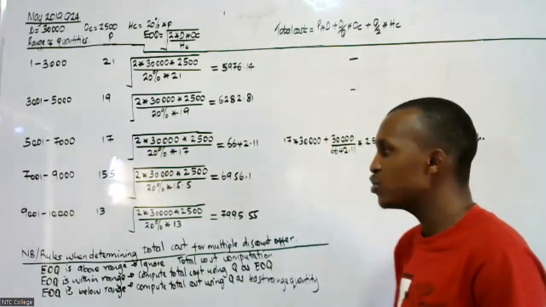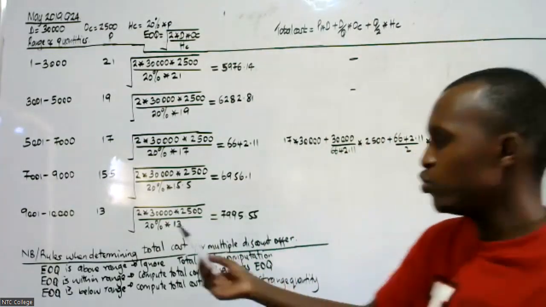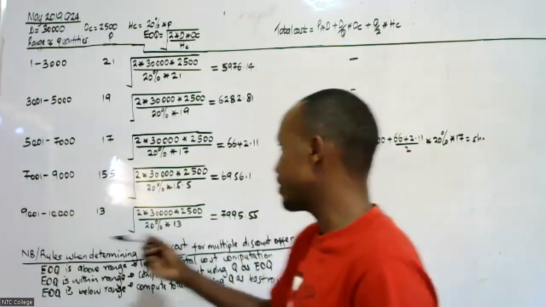So when you're calculating your total cost, you use the least quantity range here, 7,001.